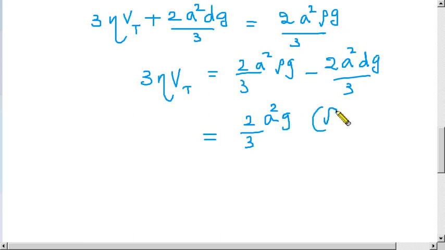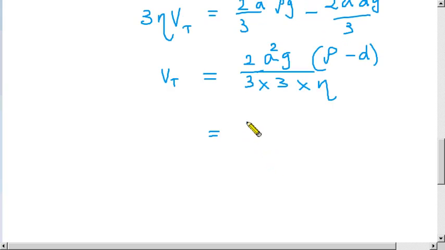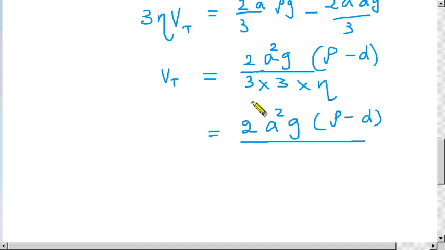In brackets, ρ minus d. So v terminal equals, we take this 3 to the right side, so it goes down, and η also goes to the denominator. So 2 a squared g (ρ minus d), total thing divided by 9 η. So this is the final equation.